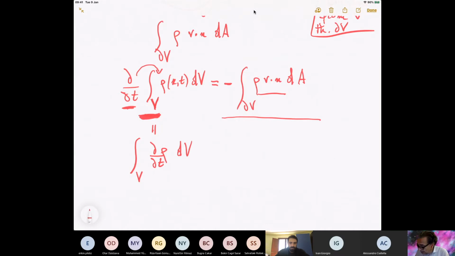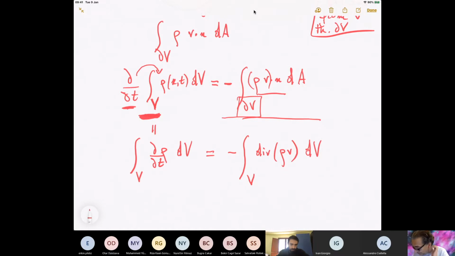And then on the other side, you can apply to rho v the Gauss theorem. The surface flux is actually equal to the divergence of rho v integrated in the volume.